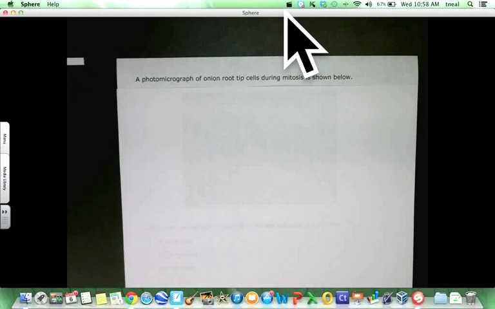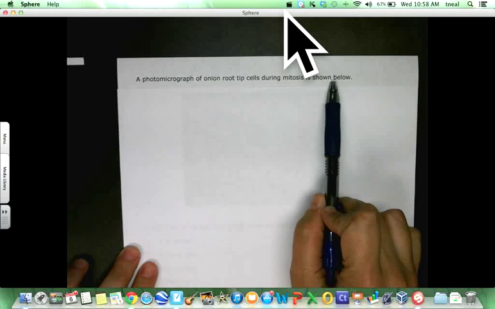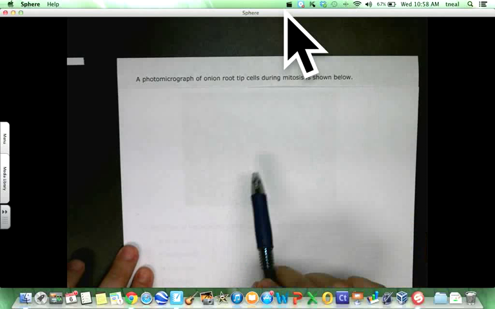And the reason I'm asking you to cover it up is because sometimes you spend so much time looking at the picture, trying to figure out what it is, that you might miss some crucial information, either in the information, or you might get lost just trying to decide what that picture is. Okay? So the first thing we're going to do after we cover the picture is we're going to look at the information, we're going to read it, and try to see how much information we have about it.